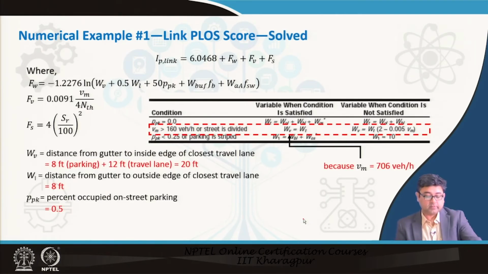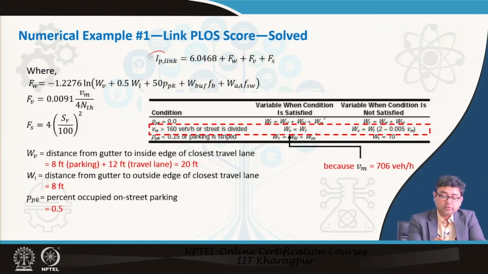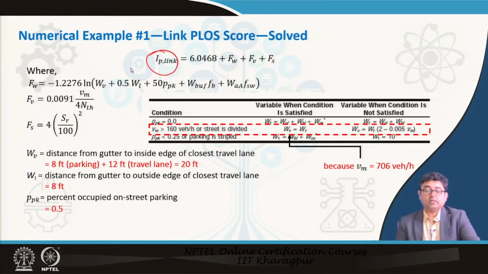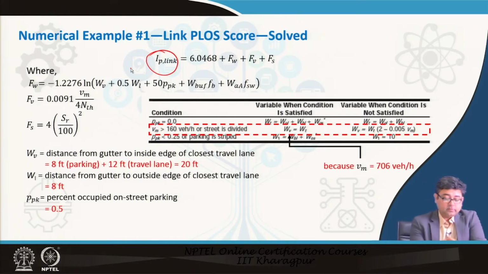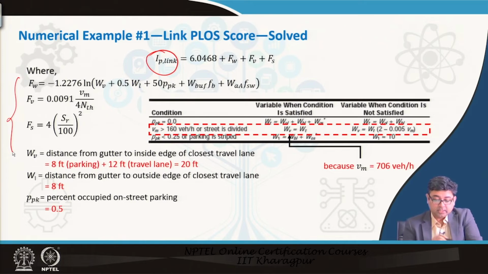Now, given all of this, first you have to start understanding what the link pedestrian level of service is, right. We have told you the individual formulas for this. In order to calculate the link pedestrian level of service, remember you have to know the weighted or the effective width of the outside lane, bicycle lane, as well as the parking or shoulder width.